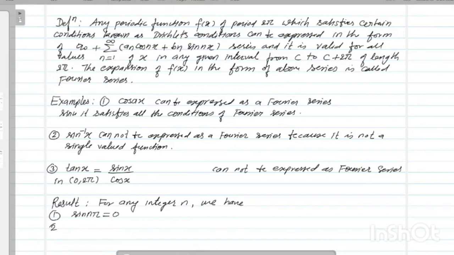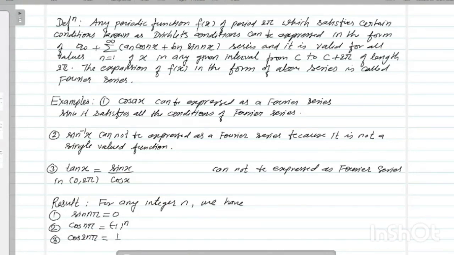Number 2, cos n pi is equal to minus 1 raised to n. And number 3, cos 2n pi is always equal to 1.